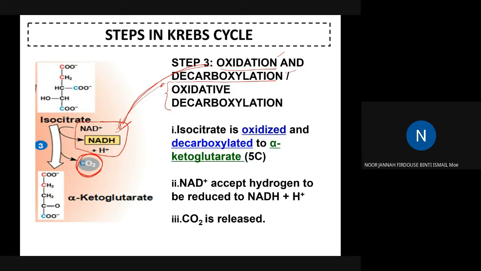First it is oxidized and then decarboxylated. A carboxyl group is removed. So isocitrate is converted to alpha ketoglutarate.